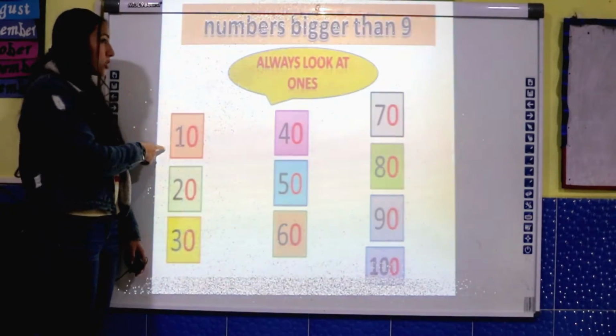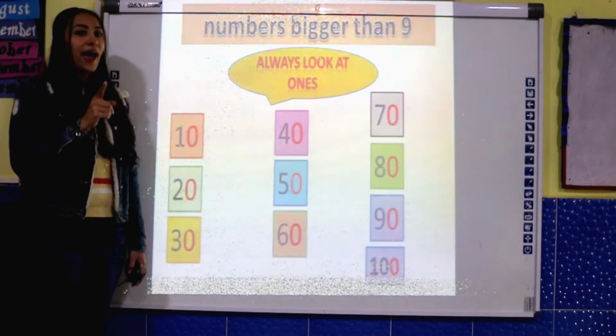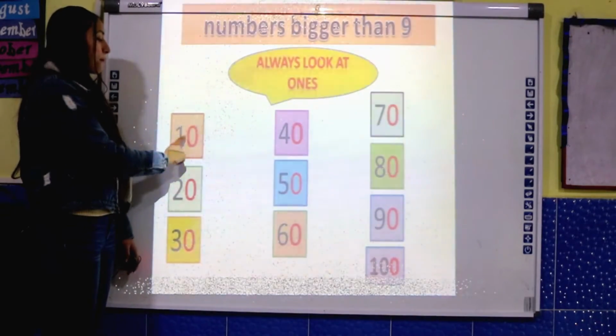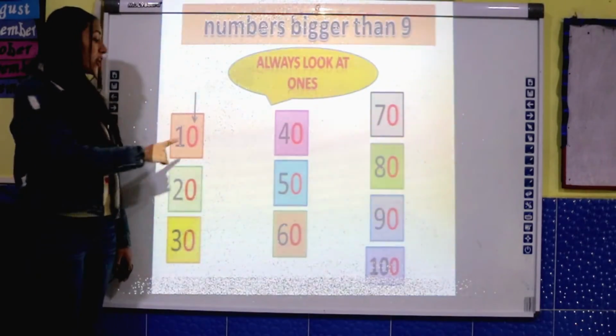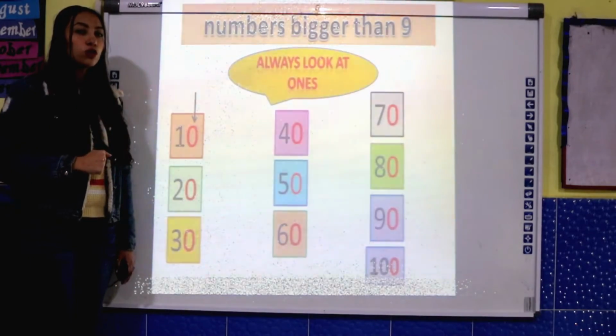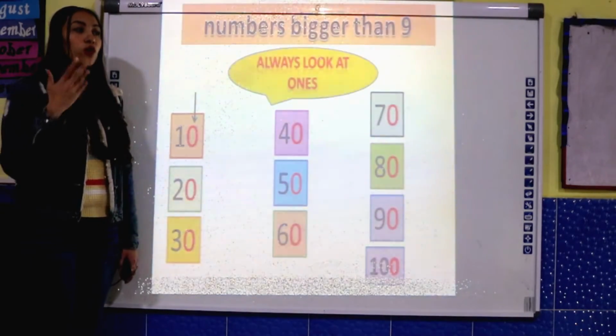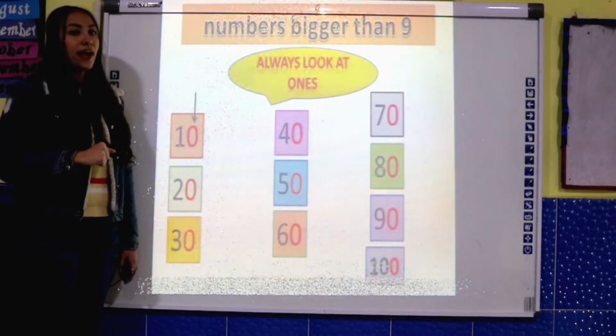How could I know if number 10 is an odd number or an even number? Look at ones. Two-digit numbers, look at ones. And which number do I have here in ones? Yeah, 0. Do you remember I told you whether 0 is an odd number or an even number? Yeah, 0 is an even number.